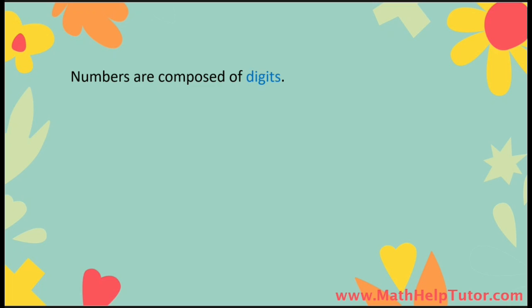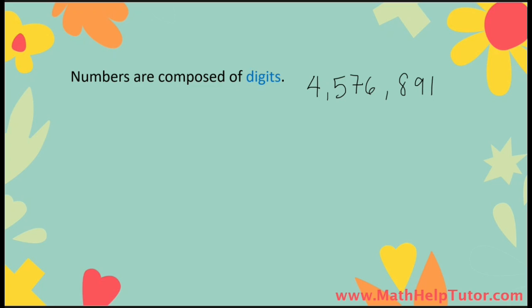To start, all numbers are composed of parts or members called digits. So here we have a number, for example, 4,576,891.